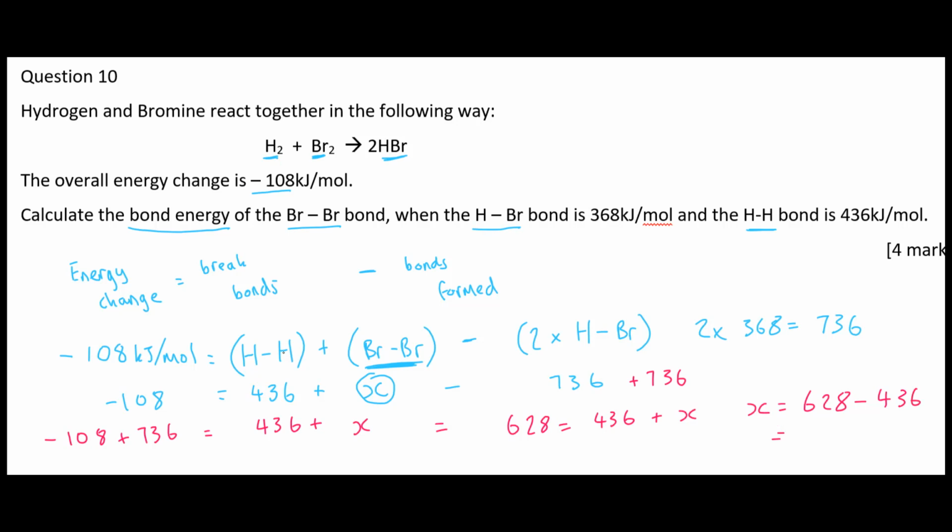And if you were to type that into your calculator, you would get 192 kilojoules per mole. And this would be the bond energy of our bromine molecule.